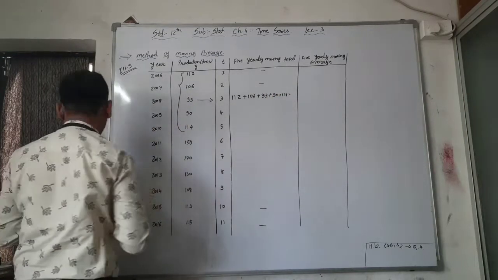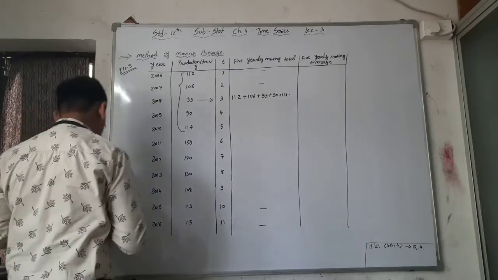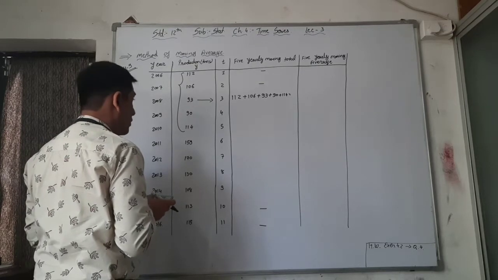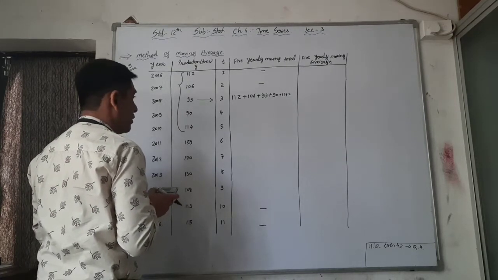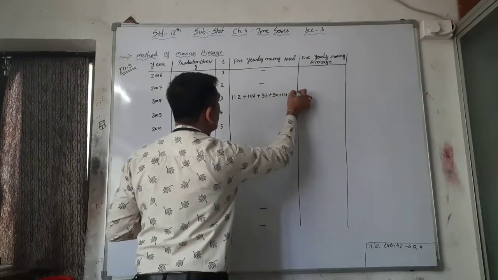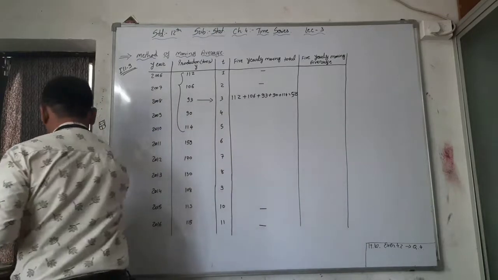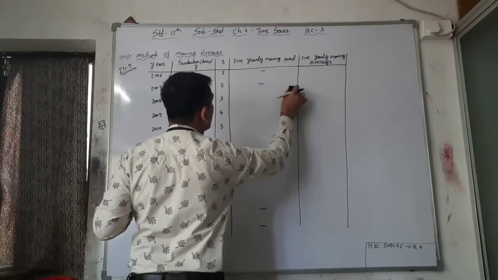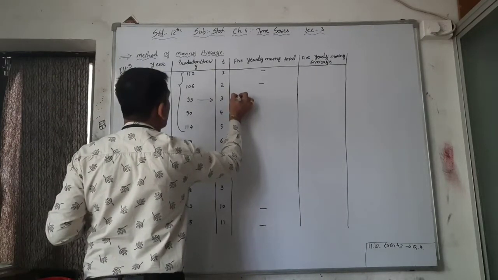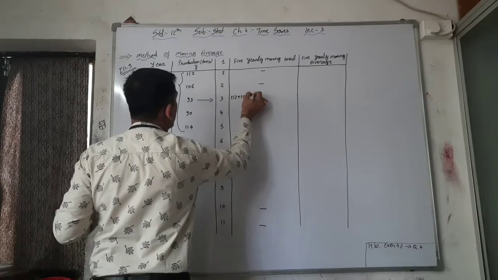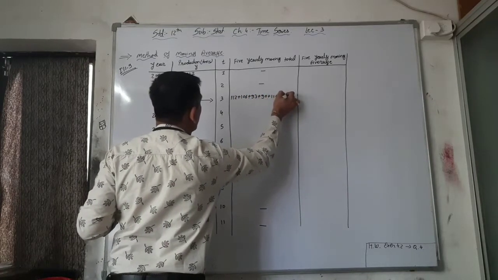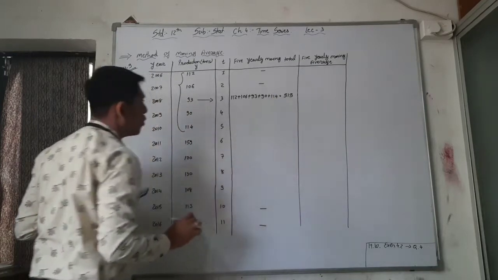So the total is, 112 plus 106 plus 93 plus 90 plus 114 is equal to 515. 515 is the total. Right?